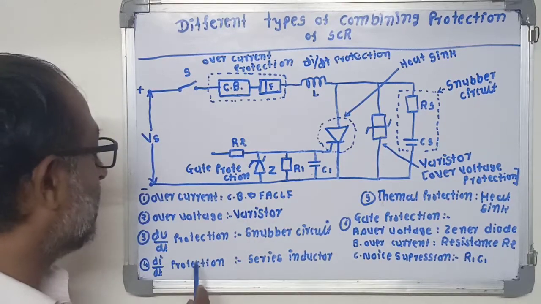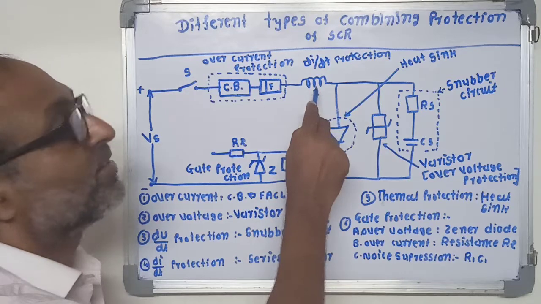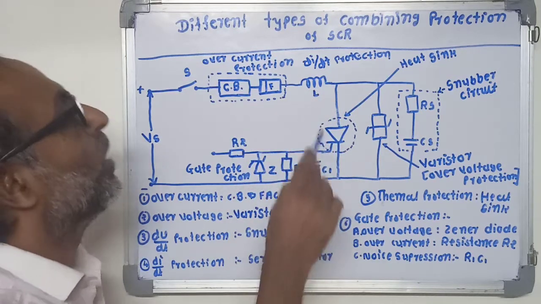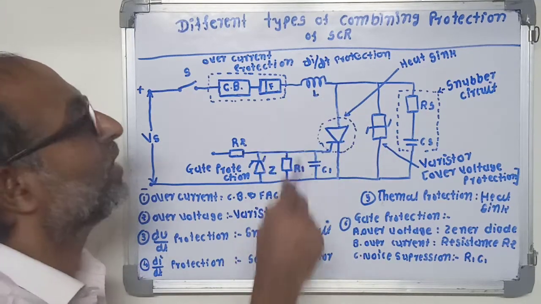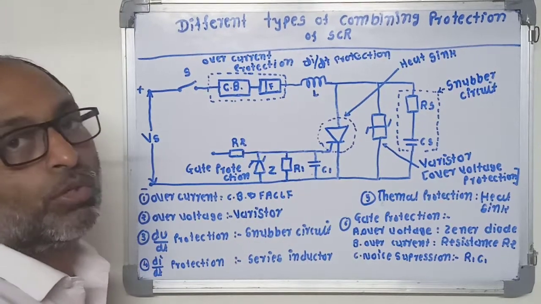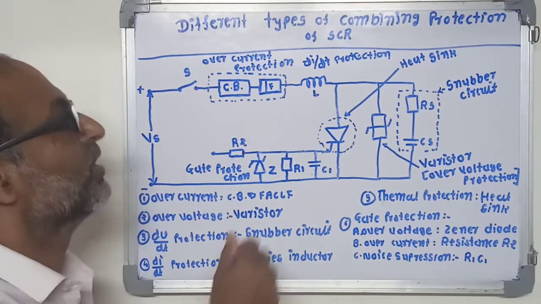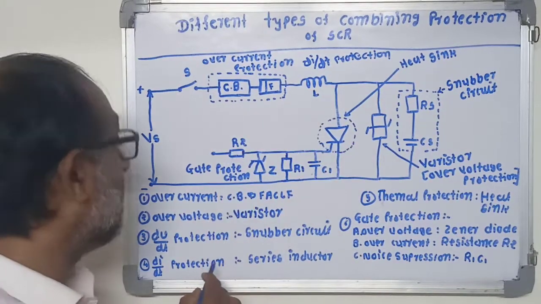Fourth, di by dt protection. An inductor L is connected in the anode circuit of the SCR, which provides di by dt protection, as an inductor has the property to oppose the rate of change of current, so it provides protection against di by dt.